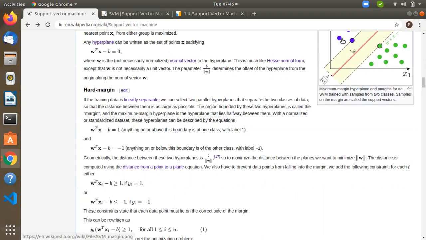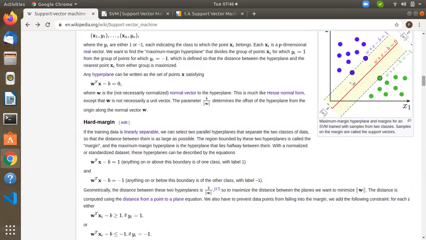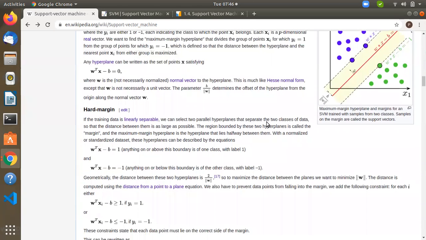If we consider the coordinates of this particular blue line and put those values into the straight line equation, we will get the value of 1. It says that anything above this line will be considered a plus value, and anything below this line will come as a minus value. Okay.